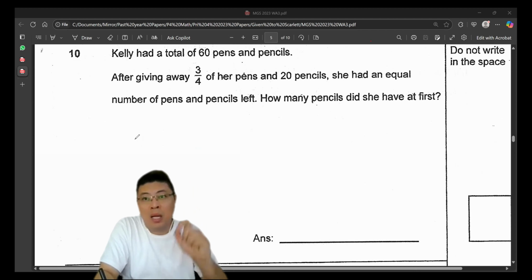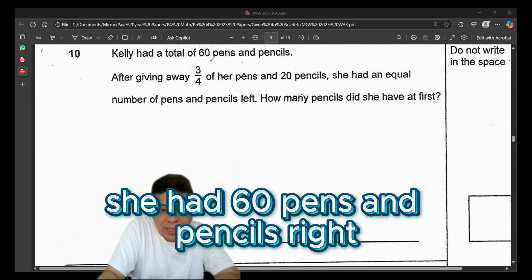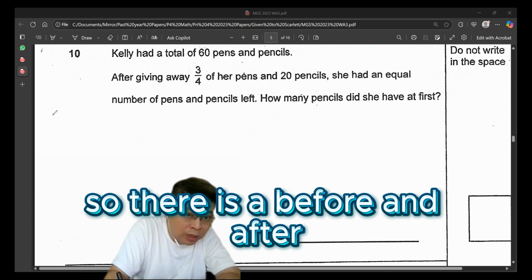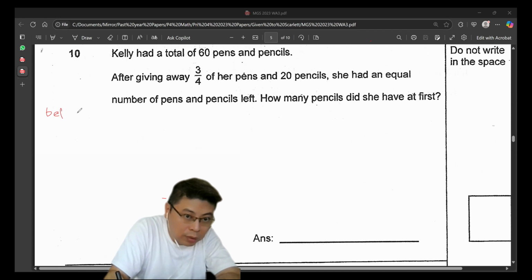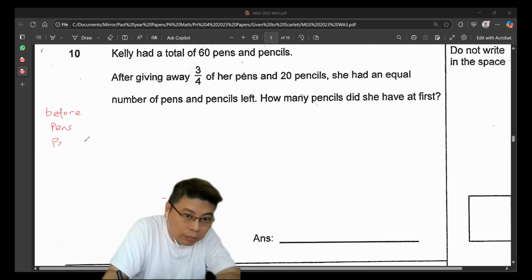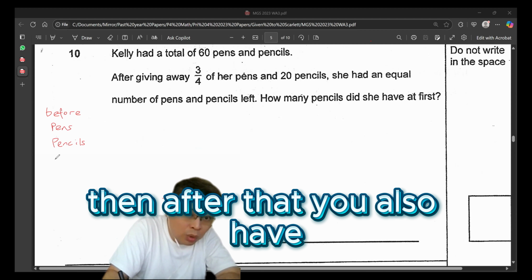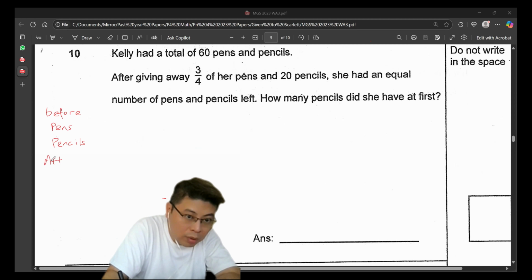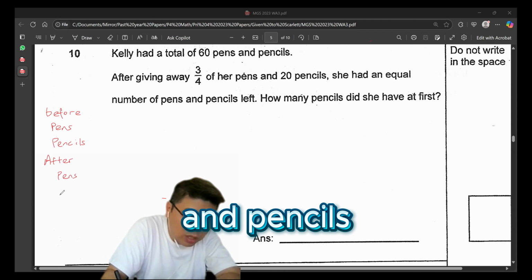So how to make sure your model is accurate? You can see that originally she had 60 pens and pencils, right? So there's a before and after. Before you have pens and pencils, and after that, you also have pens and pencils.